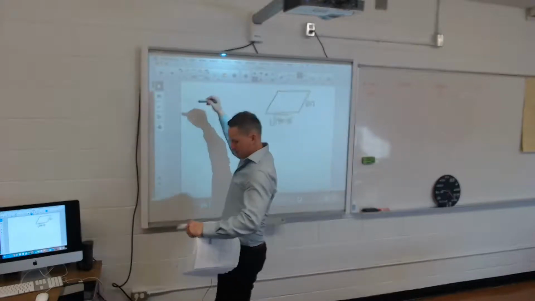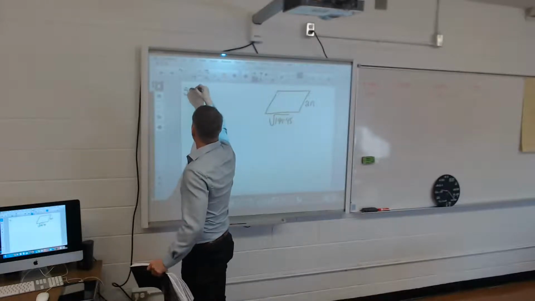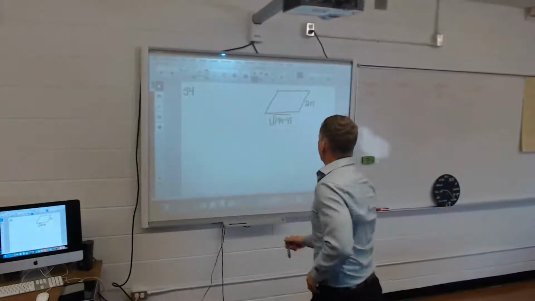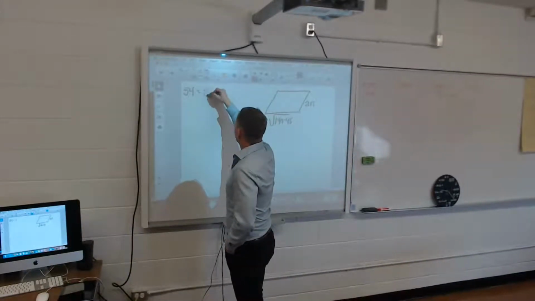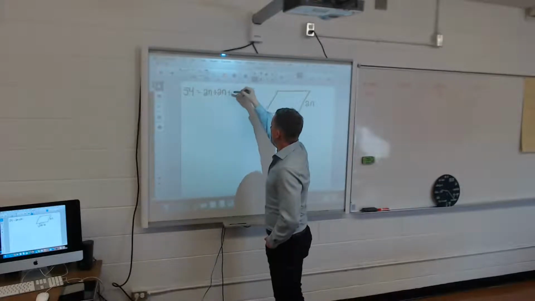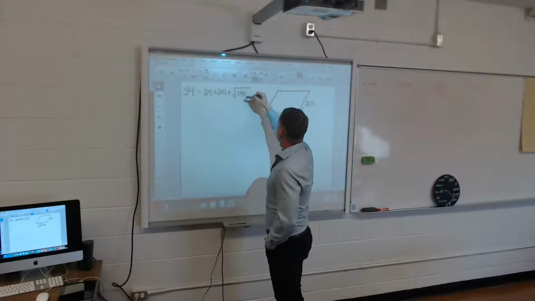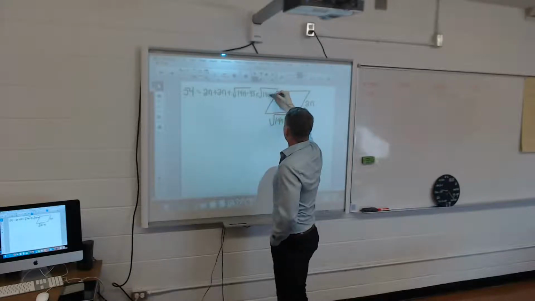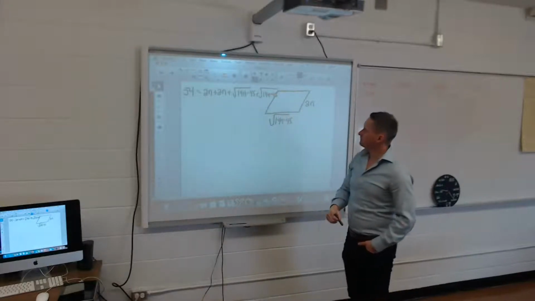So the perimeter, which they give us as 54, is equal to 2n plus 2n plus that right there.